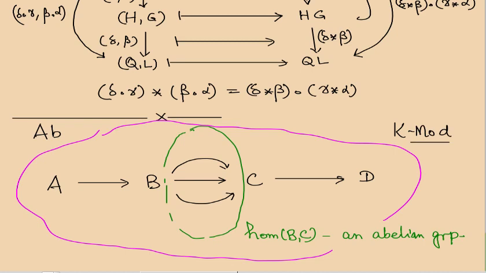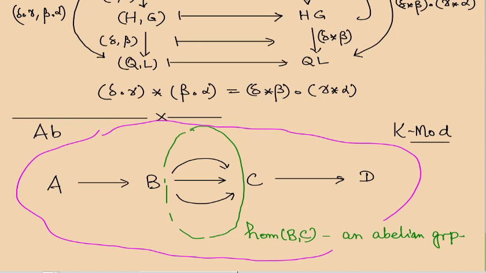So what I am trying to say is sometimes, just from being a set, the morphism sets also come up with some extra structure, right? And the composition becomes a structure-preserving map.